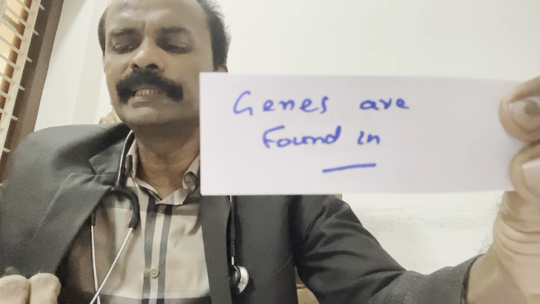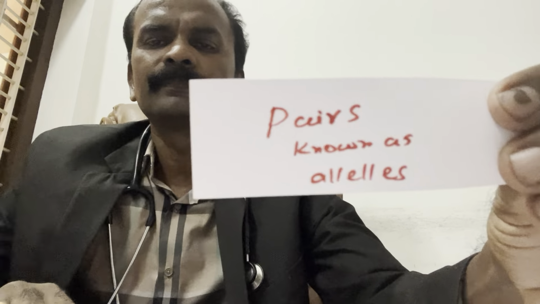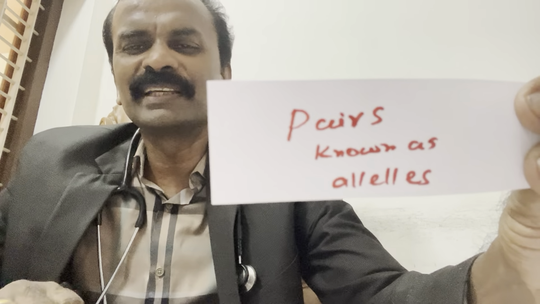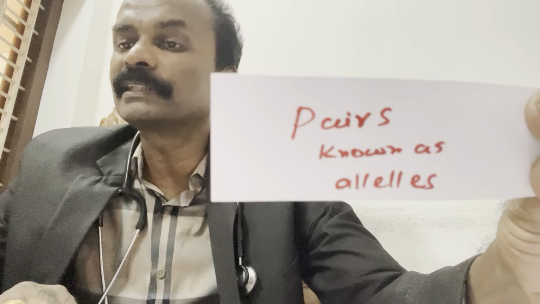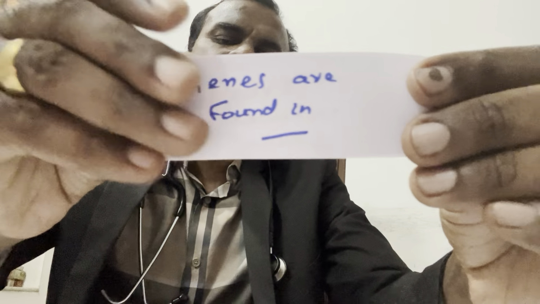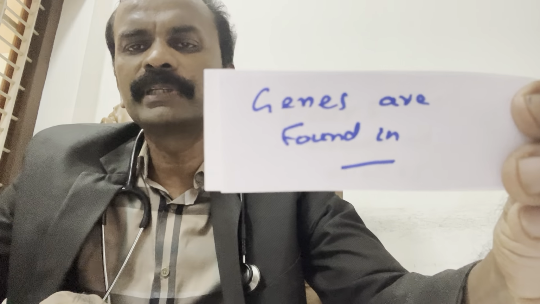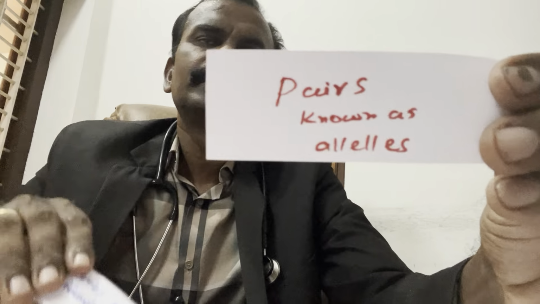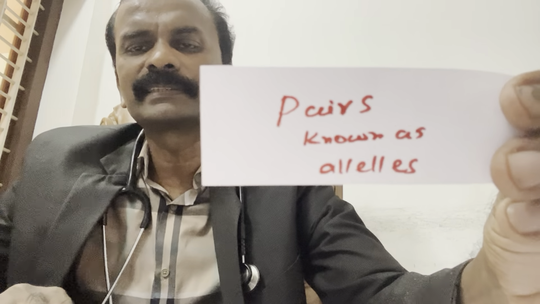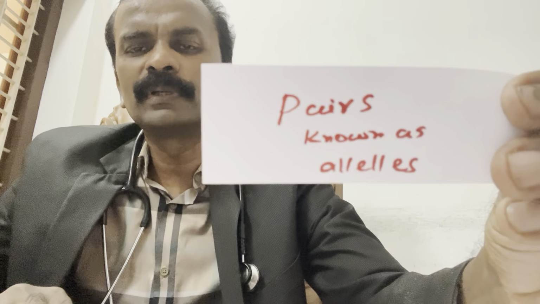Genes are found in dash. Genes are found in pairs known as alleles. Very important. Just now we discussed. Genes are found in pairs known as alleles.